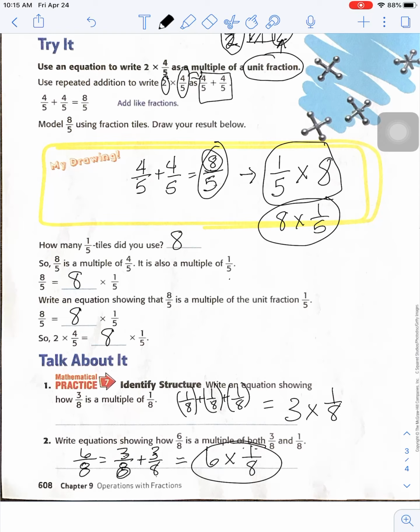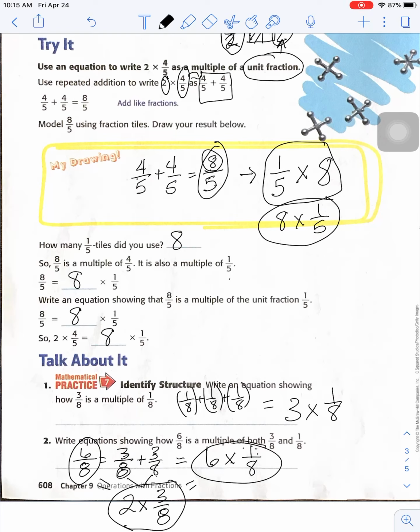So it's 3/8 plus 3/8, which is the same as 2 times 3/8. That means it's a multiple of 3/8. It's also a multiple of 1/8 because 6 times 1/8 is 6/8. So 6/8 is equal to 2 times 3/8. It's also equal to 6 times 1/8.